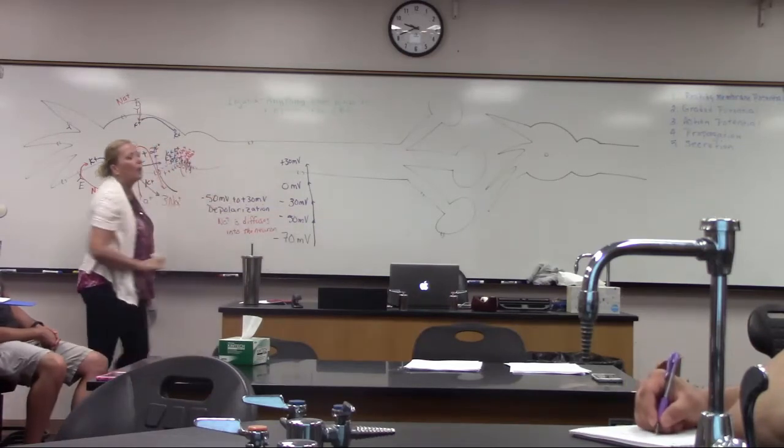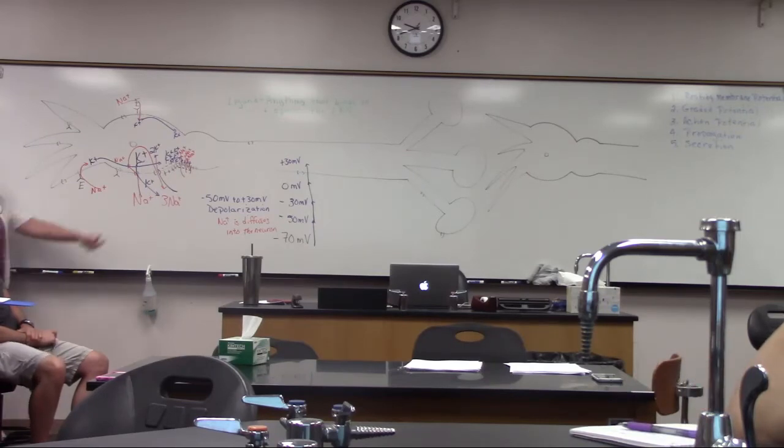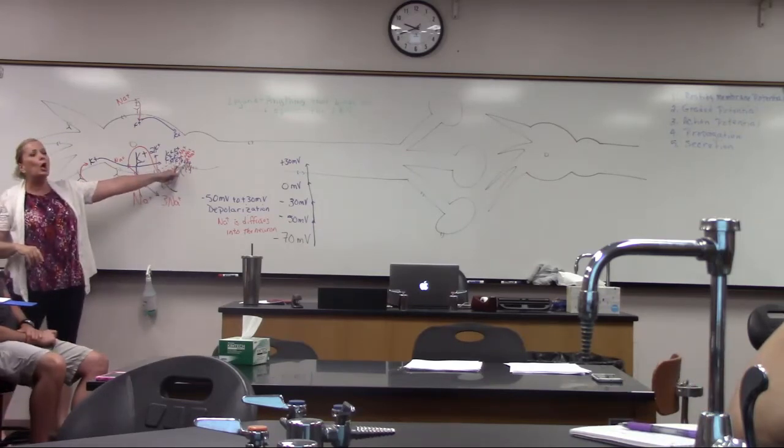So the upward rise of our action potential is all about sodium diffusing into the neuron. At plus 30 millivolts, we have two things happening. All our sodium voltage regulated gates close all at once, and at the same time, potassium voltage regulated gates in this area all open.